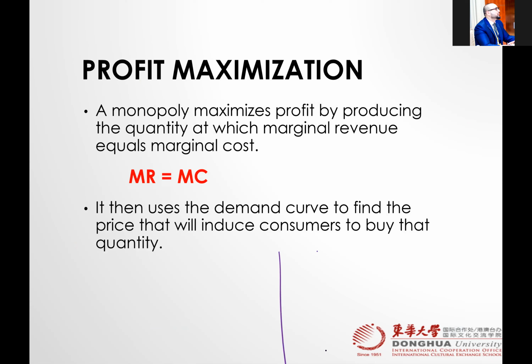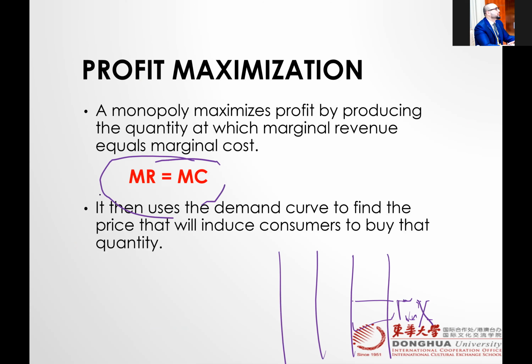To make all the tables and find out where the profit is maximum, we just see the condition MC is equal to MR. That condition, where MC is equal to MR, will give us the quantity the monopoly should produce.